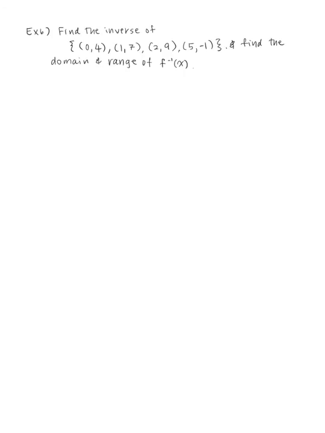Let's take an example. Example 6: find the inverse of those set of ordered pairs and find the domain and range of f inverse of x. Now let me jot down all the x values. We have 0, 1, 2, and 5. And the corresponding y values are 4, 7, 9, and negative 1.